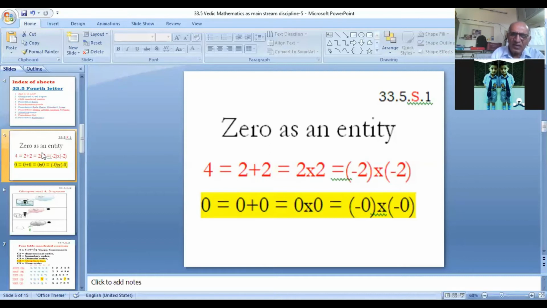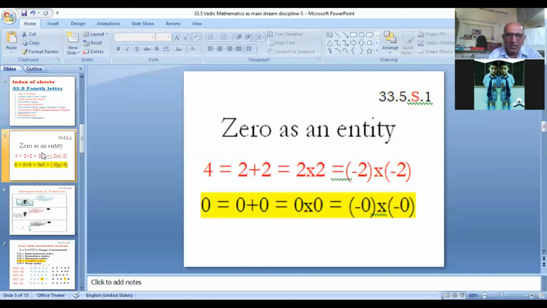Zero space as well has parallel quadruple roles, and the basic role to which we shall draw our attention at present is in context to the number 4. If number 4 accepts an organization as 2 plus 2 equal to 2 cross 2 equal to minus 2 cross minus 2, then we have addition, multiplication and orientation.